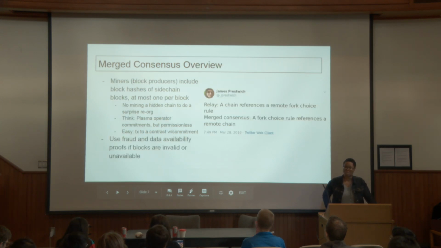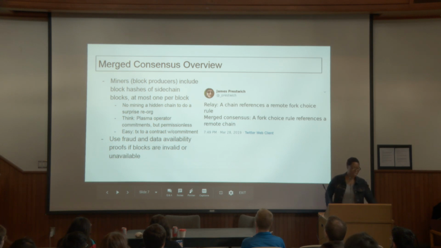So James, who's here today, tweeted about this, and if you take anything from this talk, it's this tweet. Where he says, relay: a chain references a remote fork choice rule. Merge consensus: a fork choice rule references a remote chain.